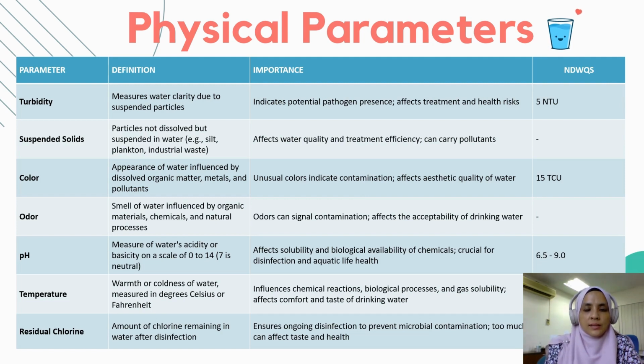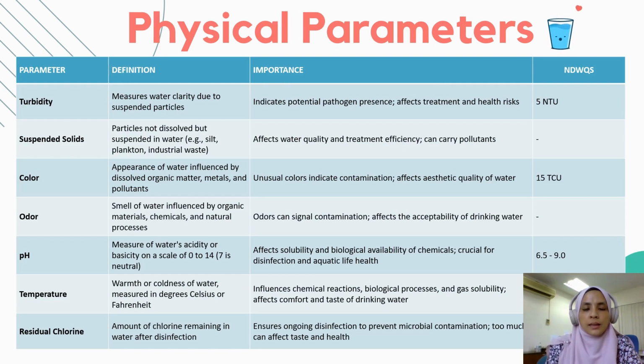Okay, the second one is suspended solids, which are particles not dissolved but suspended in water, such as silt, plankton, industrial waste. These solids affect water quality and treatment efficiency and can carry pollutants. Color refers to the appearance of water influenced by dissolved organic matter, metals, pollutants.